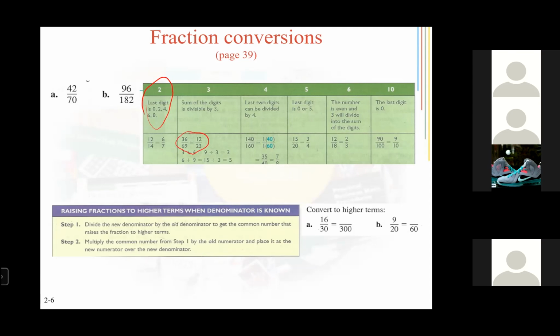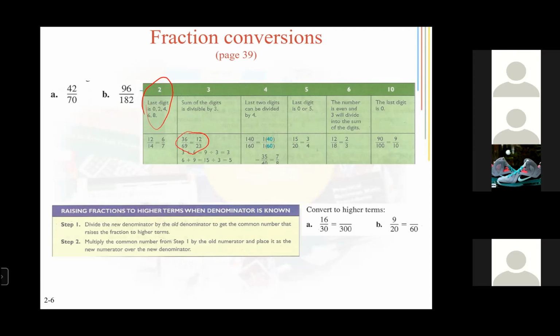So it means right away that 69 is also divisible by 3. Okay? So anytime you add up all the digits of a number, if the sum of the digits is divisible by 3, it means the number itself is divisible by 3. So that's a quick way you could look at a number to decide if it's divisible by 3.